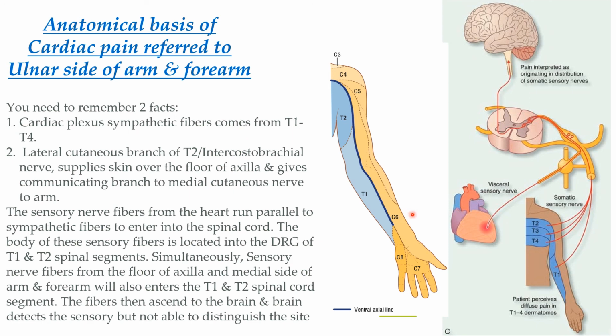Now students, the sensory fibers from the heart run parallel to the sympathetic fibers to enter the spinal cord. The cell bodies of these sensory fibers are located in the dorsal root ganglion of the first and second thoracic spinal segments.